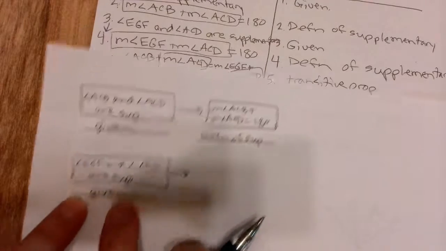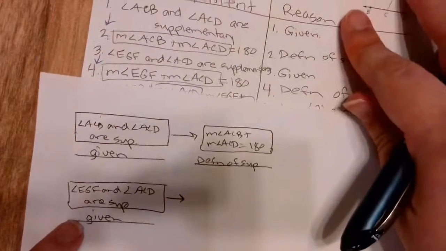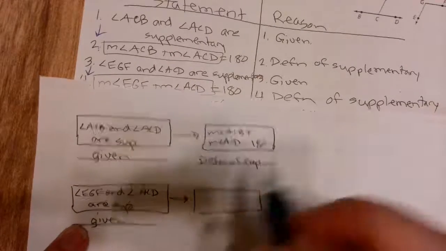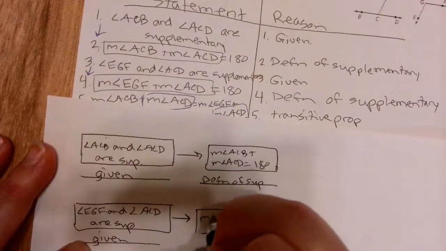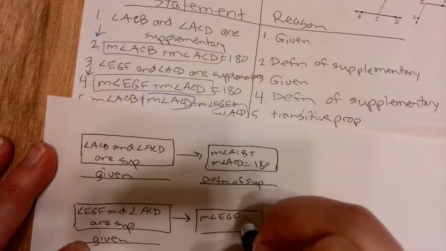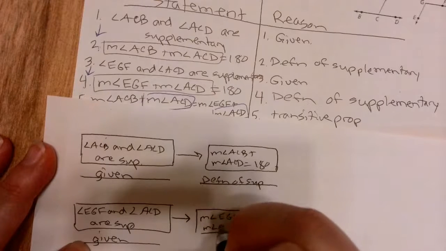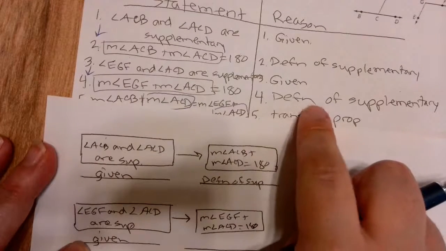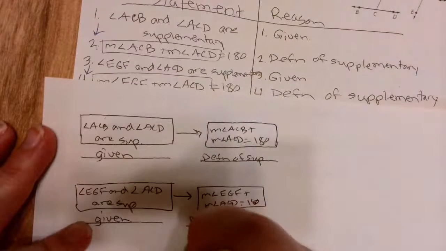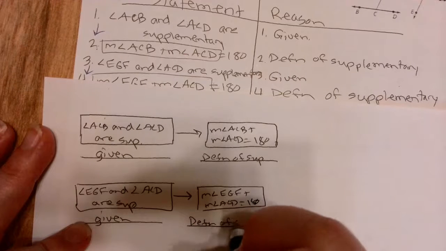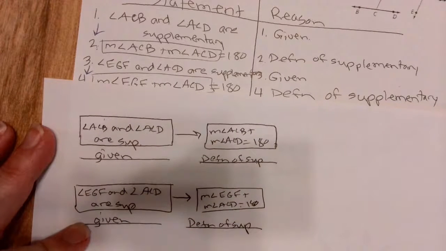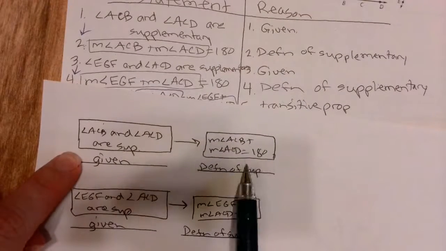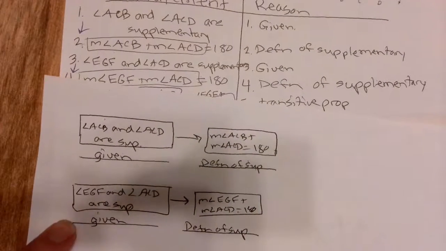So it comes in your flow proof off of line 3. The measure of angle EGF plus the measure of angle ACD equals 180. And the reason, same reason, definition of supplementary. Given what it told us.